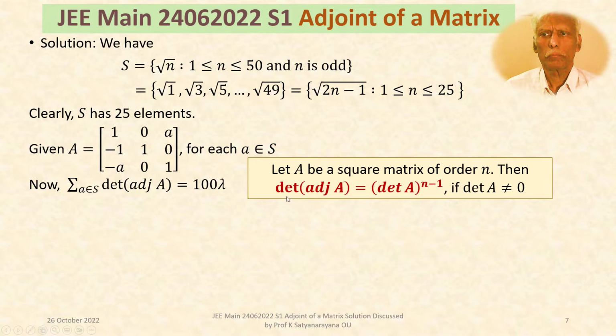So this is the formula. Determinant of adjoint of A is equal to determinant of A to the power of n minus 1 when A is a square matrix of order n and A is a non-singular matrix.